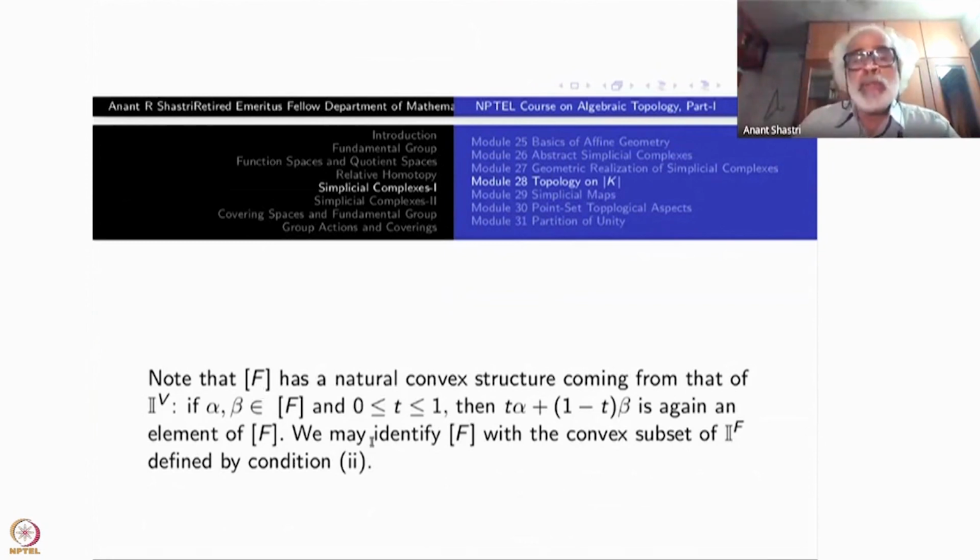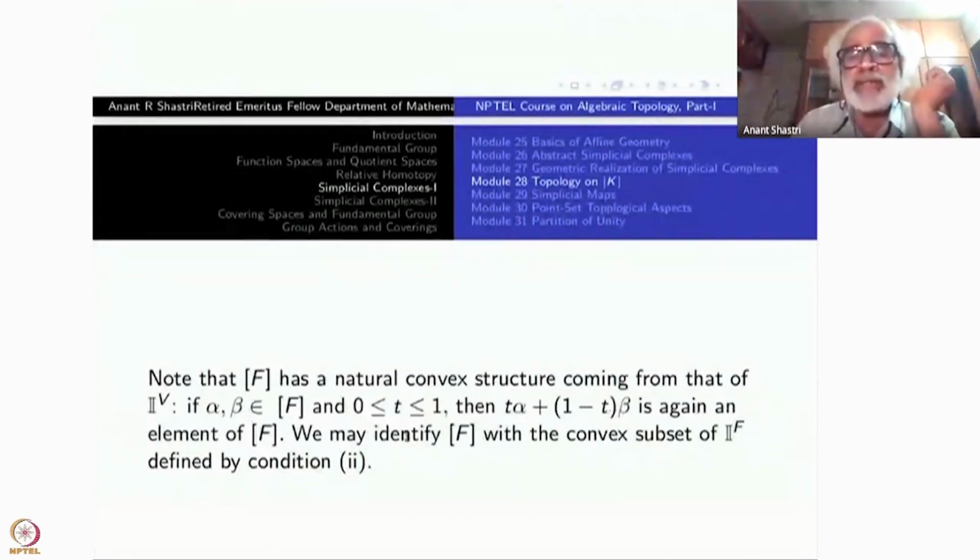For if alpha and beta are inside this closed simplex and t is between 0 and 1, then t times alpha plus 1 minus t times beta is an element of F. What is the meaning of this?